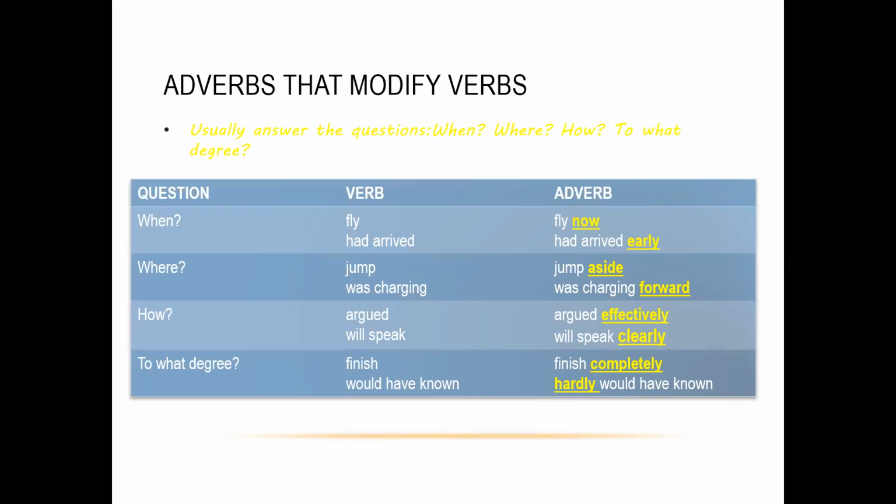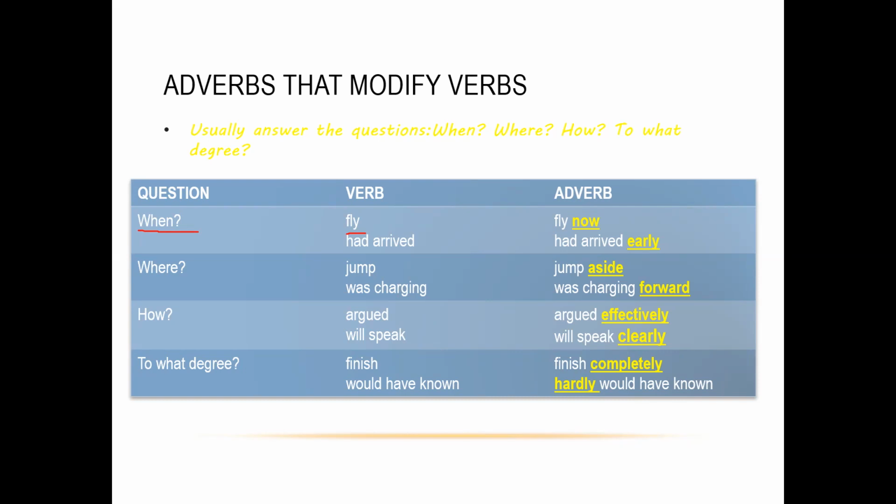Alright. Adverbs that modify verbs. Focus muna tayo sa adverbs that modify verbs. So, usually answer the questions when, where, how, to what degree. Okay. First, let's talk about answering a when question. So the verb is fly.